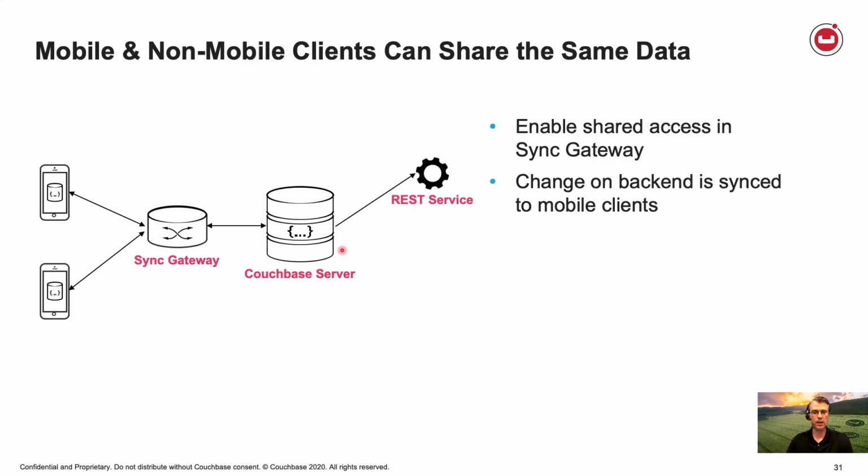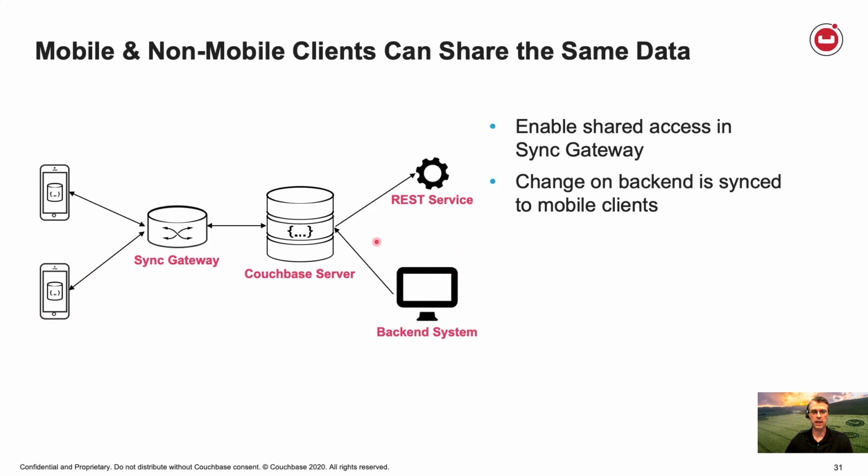The last thing we want to add in here is mobile and non-mobile clients sharing the same data, or edge and server-side clients accessing the same data. Over here on your devices, you're using the Couchbase Lite SDKs to work with the data.